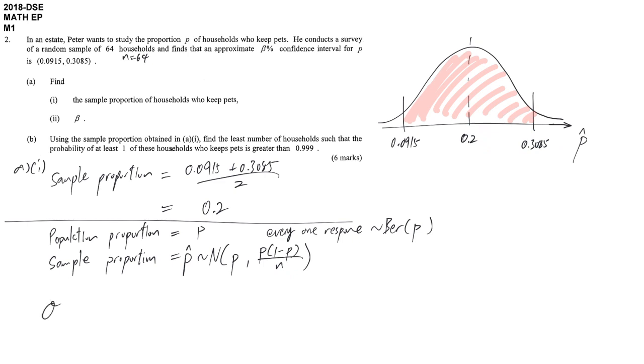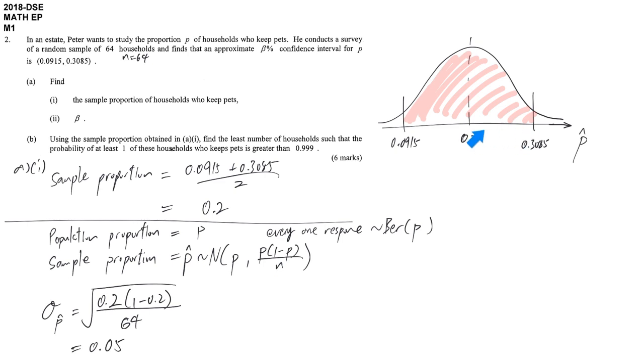So we get the standard deviation is equal to the square root of P, which is 0.2, our estimated P, times 1 minus 0.2, divided by the number of samples, 64, because this is variance, this is SD. We get 0.05.